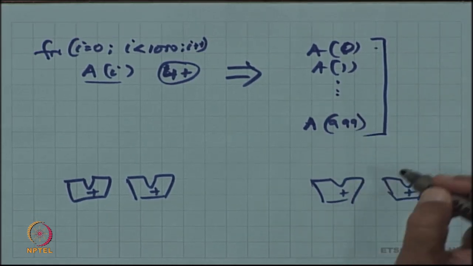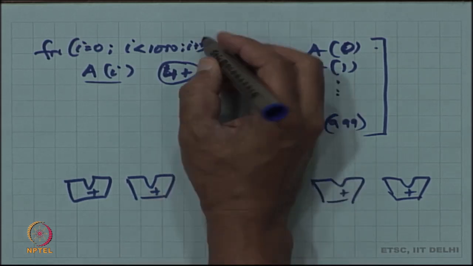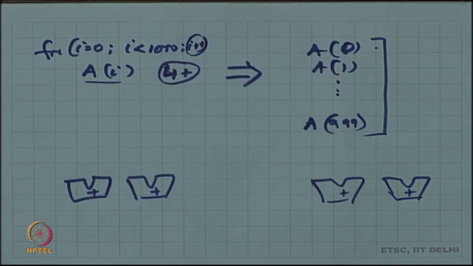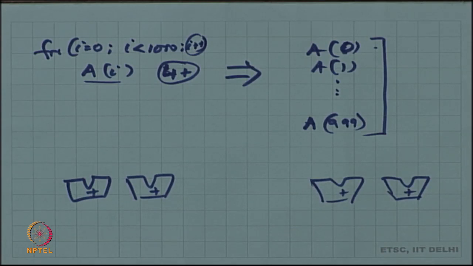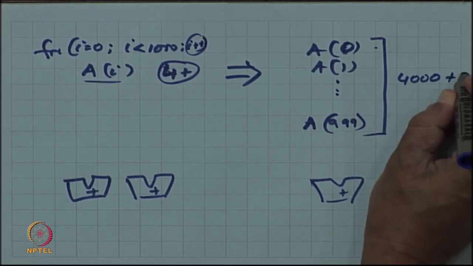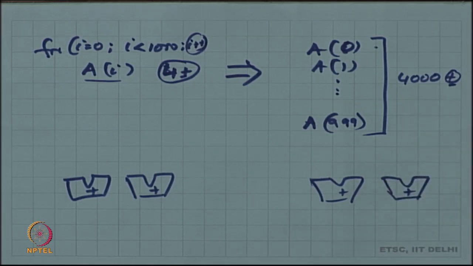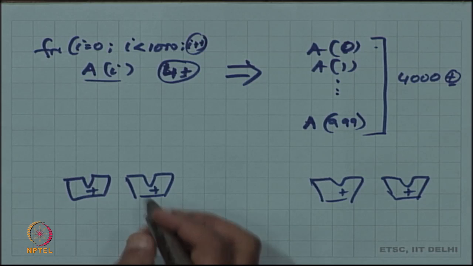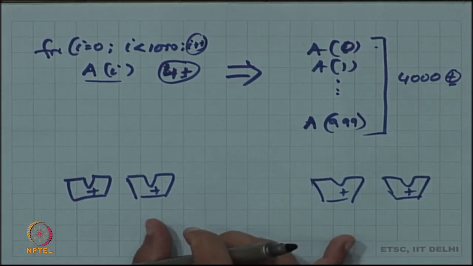This code has how many add operations, if you exclude the I++, because that is not there here? This expanded loop has how many add operations? Yeah, so this is 4000 adds. But the resources are the same. Let us say it is a resource constrained synthesis where we say you take 2 adders. In both cases I take 2 adders.